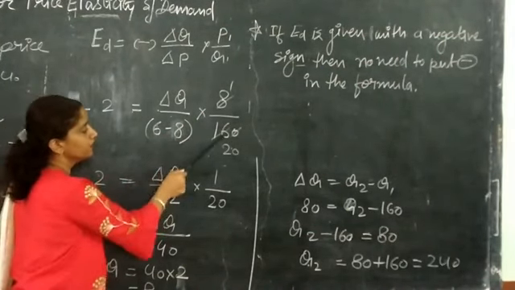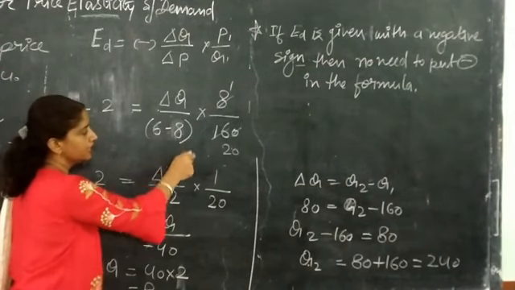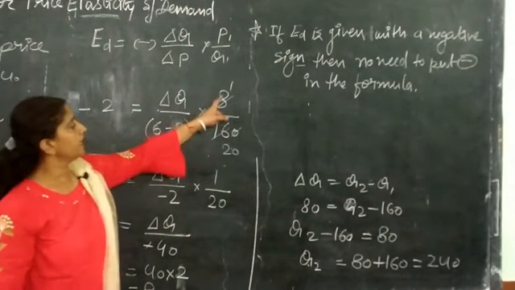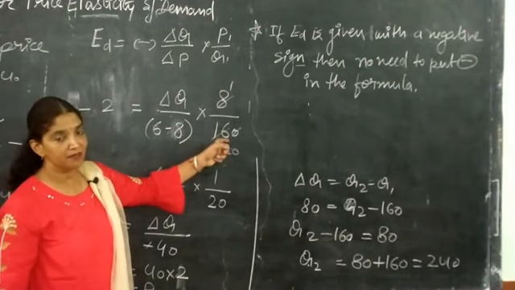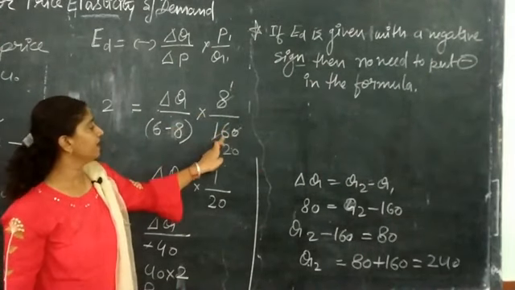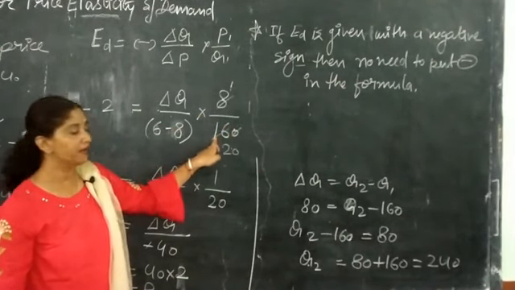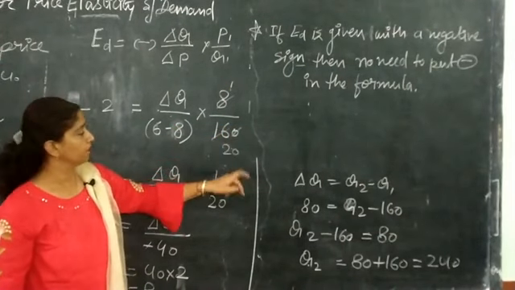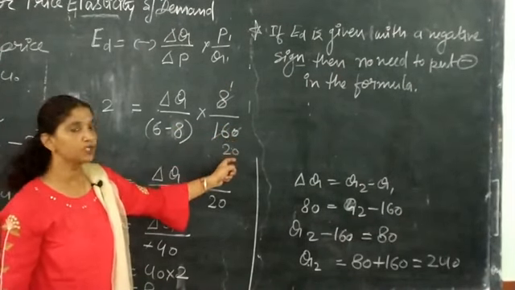Multiply by P1 upon Q1. P1 is 8 and Q1 is 160. Both of these numbers are divisible by 8. 8 divided by 8 is 1, and 160 divided by 8 is 20.